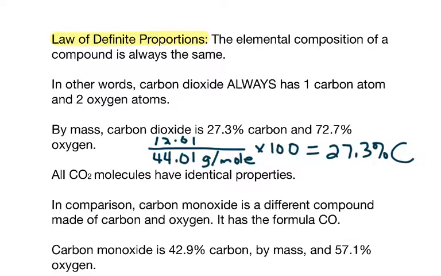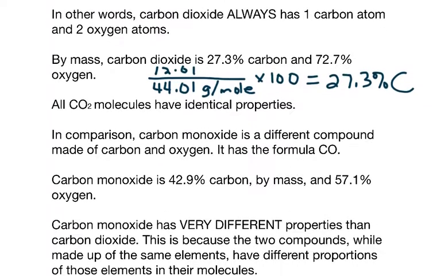Well, what happens if you change the ratio? There's another compound involving carbon and oxygen that you've heard of called carbon monoxide, which is 1 carbon atom for every 1 oxygen atom. That's a very different percentage.